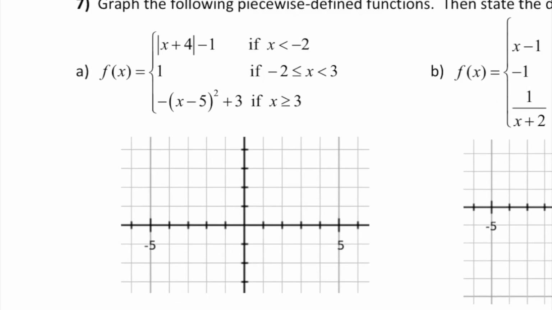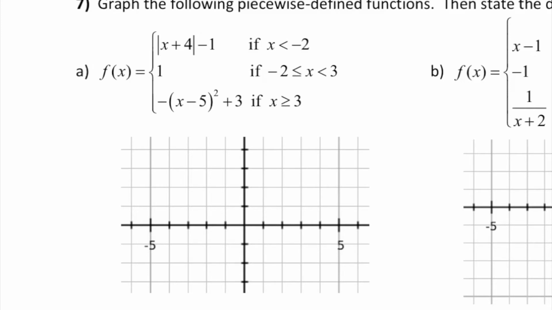Now, for number 7, hopefully you'll see me walk through these graphs on Desmos first, and then I will draw them by hand. And what I would do if I were you is do it in that order. You will be asked to draw one piecewise graph on your test, and I would draw the graph on Desmos first.